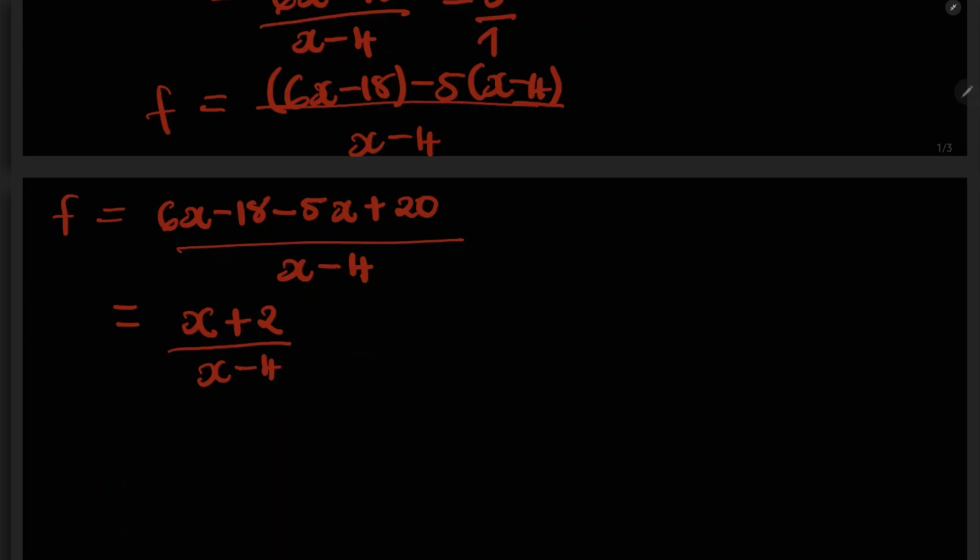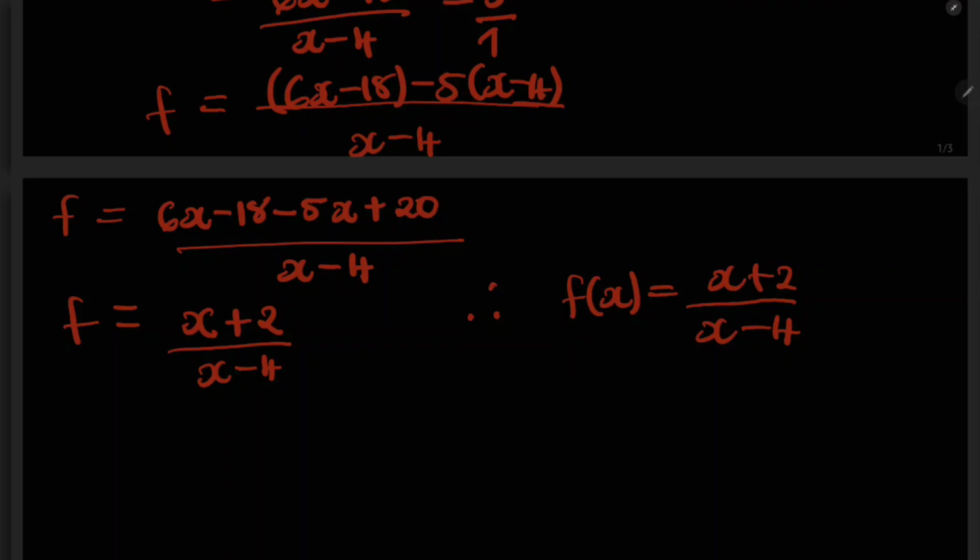Let's check it out. Can it be simplified further? I don't think so. No, it cannot. So we conclude f of x is equal to x plus 2 divided by x minus 4. So this is what we have.